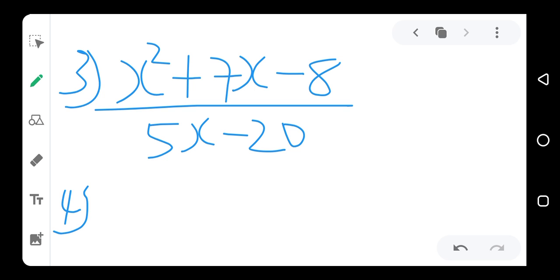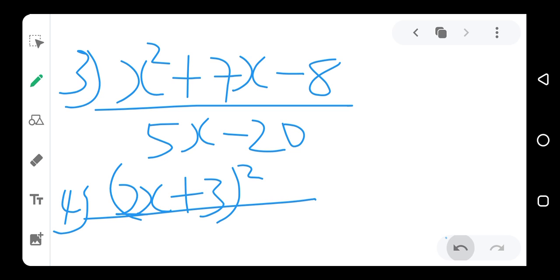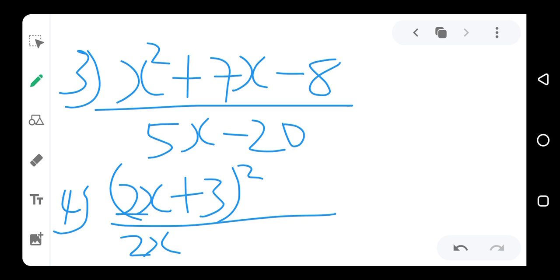Now we have 2x plus 3 raised to power 2 over 2x plus 13 plus 15.